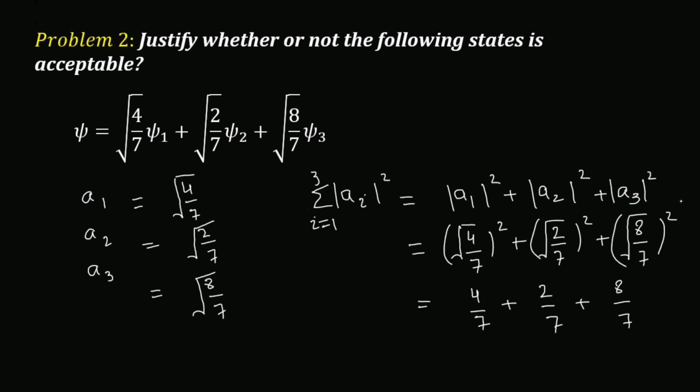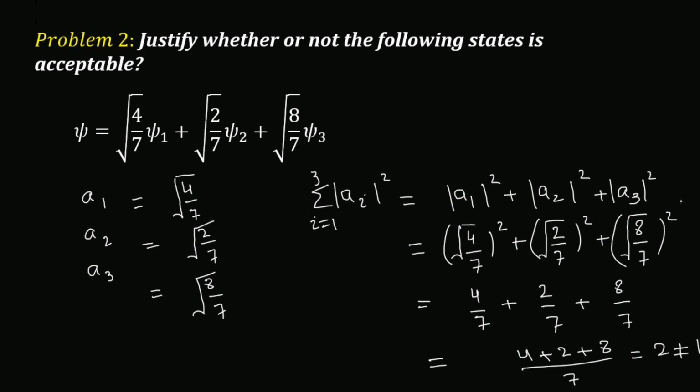And since 7 is the LCM, this will be equal to 4 plus 2 plus 8 over 7, and this will be equal to 2, and of course this is not equal to 1.